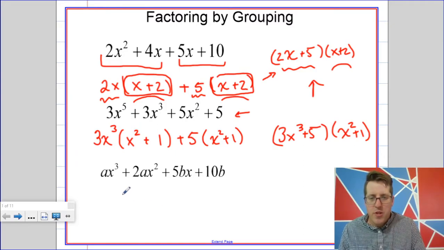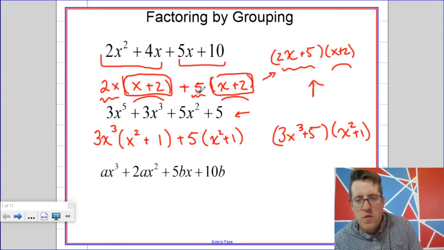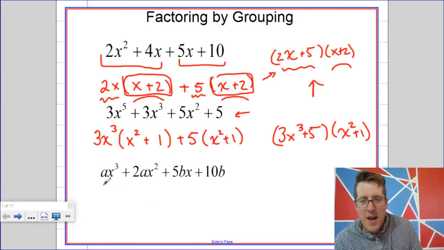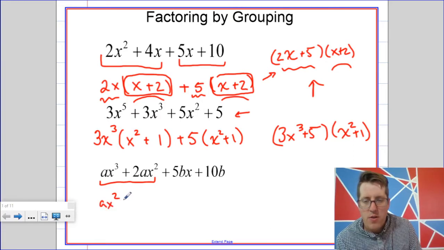Now, this can get pretty challenging. So the greatest common factor from this last one, for the first 2 terms only, is ax squared. So that's going to leave us with x plus 2.